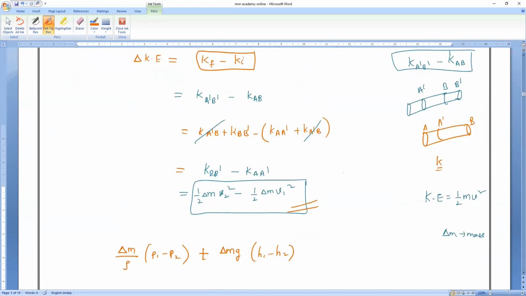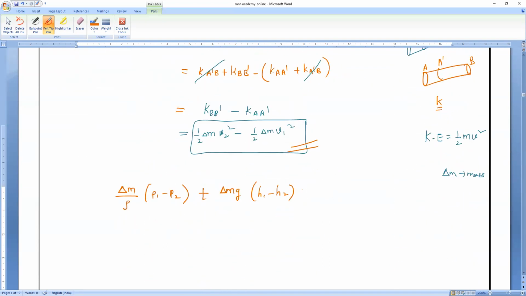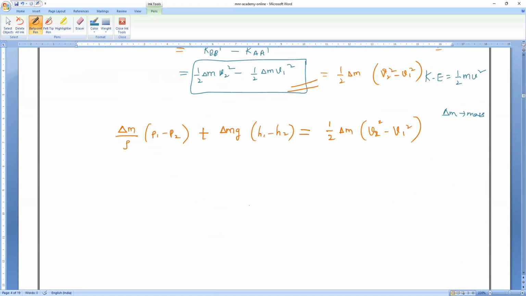This equals the change in kinetic energy, half delta m, taking it common, into V2 squared minus V1 squared. Now, something is common everywhere, you can strike it out. What is that, anybody?